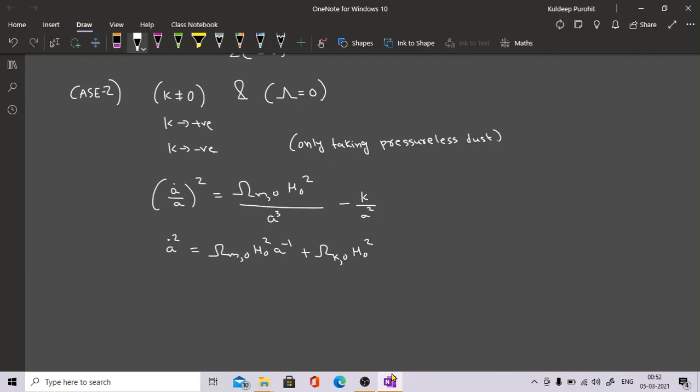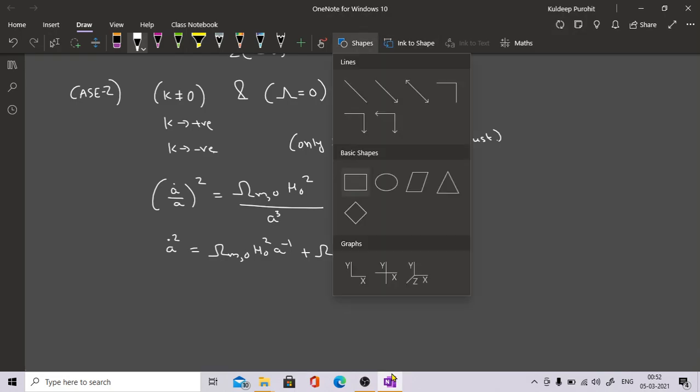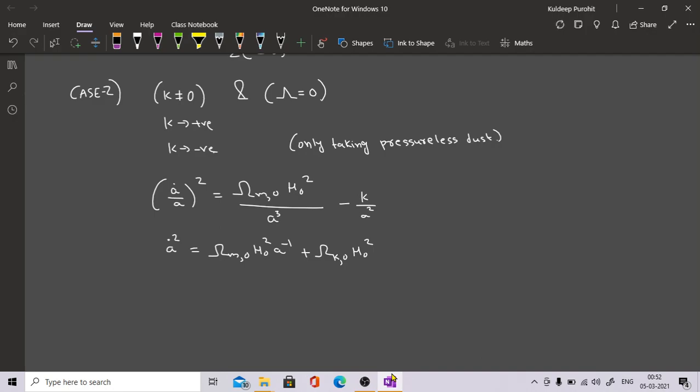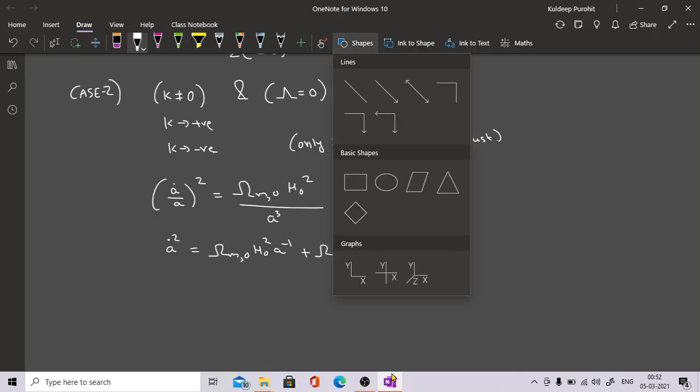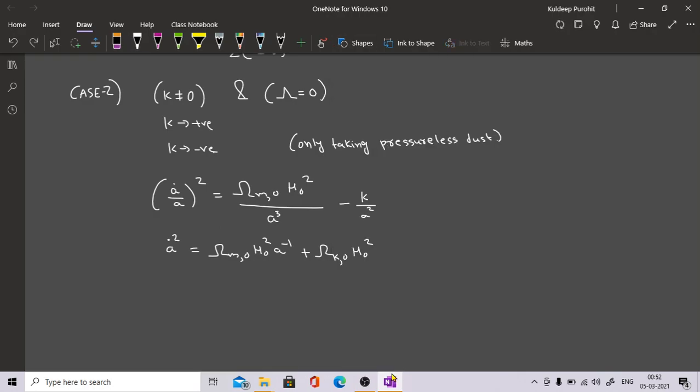Okay, so this is a very important equation right now, and we have to solve this Friedmann equation. Right now we are interested in solving this equation.